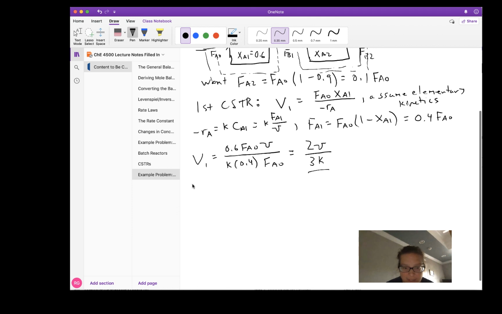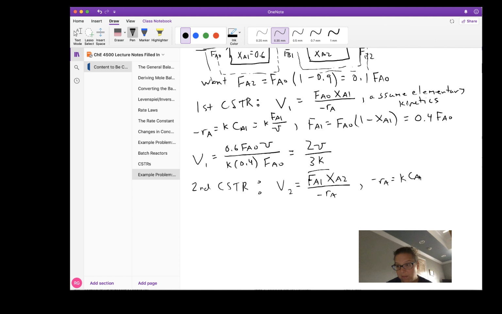Now let's look at the second CSTR. And I want to write my mole balance for that also, so that's going to look pretty much the same. V2 is equal to FA1 times XA2 divided by minus RA, where in this case minus RA is equal to K times CA2, which is equal to K times FA2 over the volumetric flow rate.